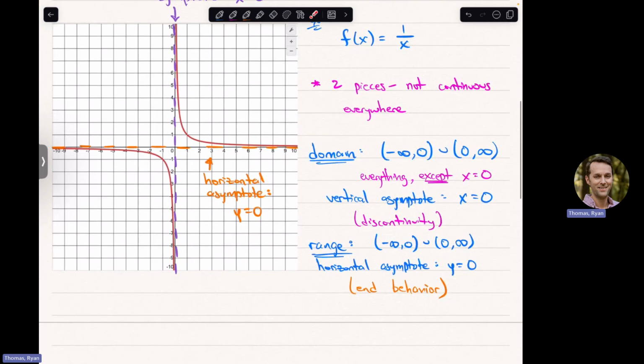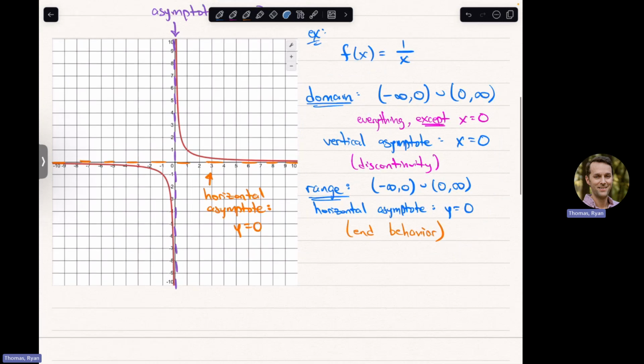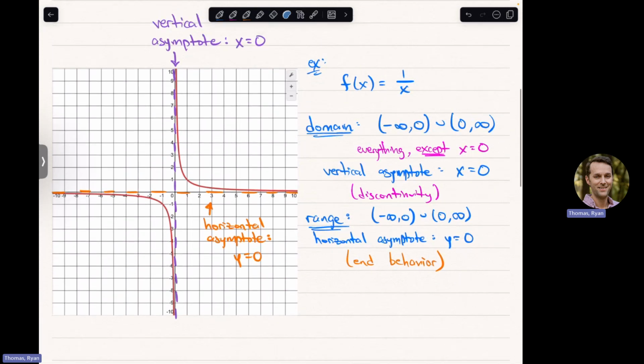Okay, and then the one other thing to maybe notice here, let me just scoot some stuff so I can keep the graph on here. Okay, there we go. Is that if we were looking for intercepts, either x-intercepts or a y-intercept, well, intercepts come from letting something be 0, right?